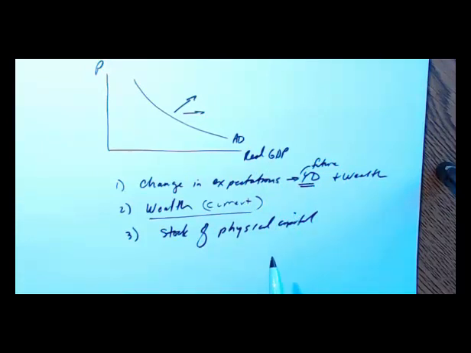Remember the accelerator effect from the previous chapter? Then businesses are going to want to ramp up their investment if they know that they're going to have to produce more in the future. But if they have a lot of slack in their business and a lot of unused investment, idle property, plant, and equipment, then that's going to have an effect on aggregate demand.